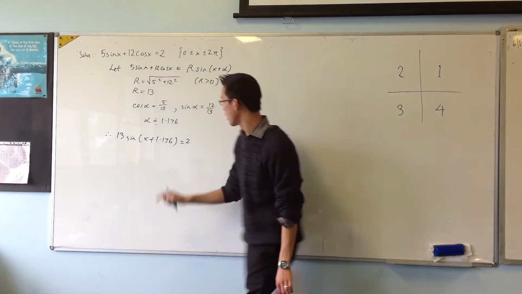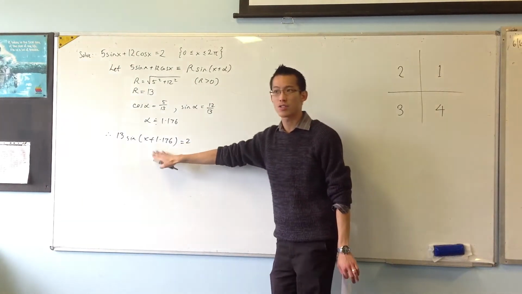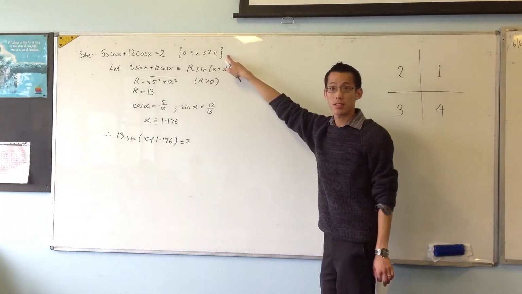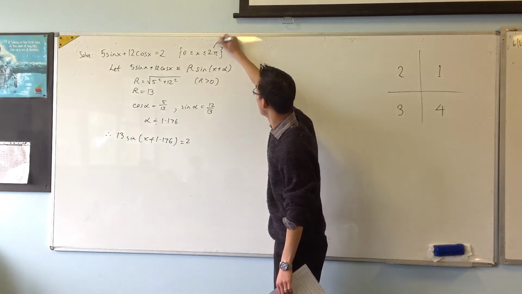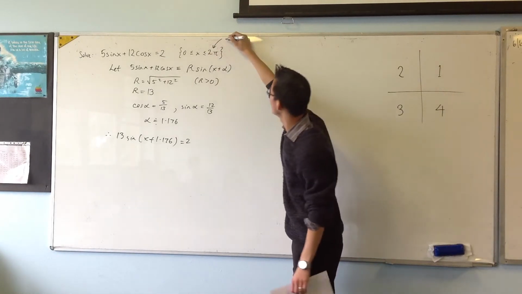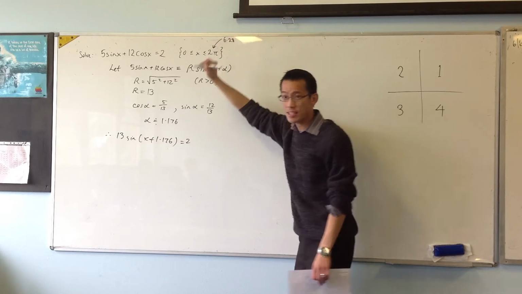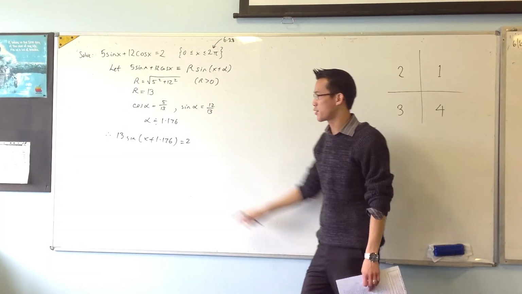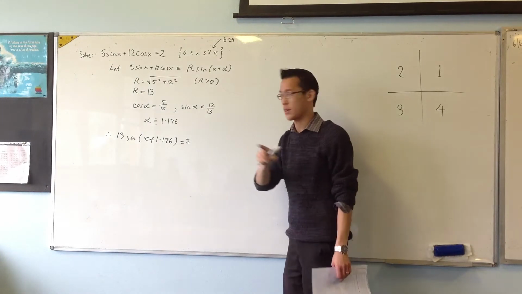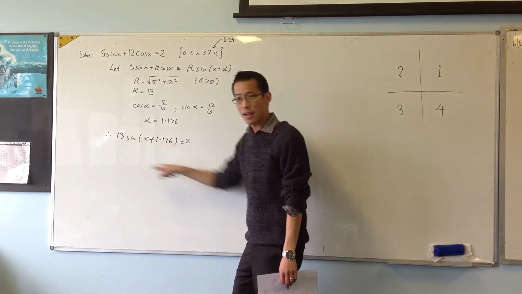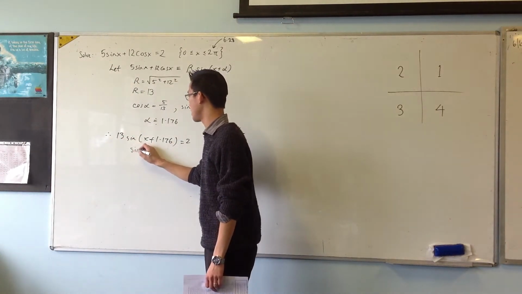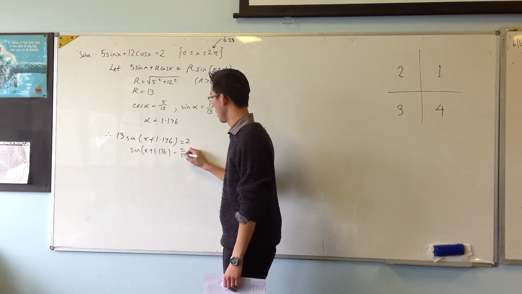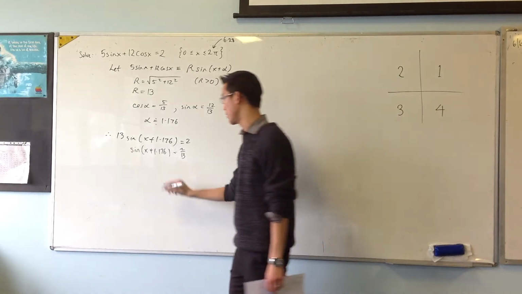Now that I've actually changed my equation here, this has a different domain to this, so it pays you to remember that this is actually 6.28. Just file that number away in your head. You knew it already, but just remember it as we keep on going through the work, it becomes very important. All right, let's move that 13 over just so we can get this in the right shape to pop into the calculator. So that's 2 over 13. You take your sine inverse.